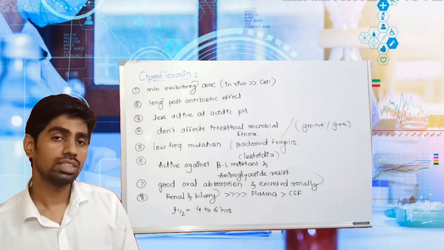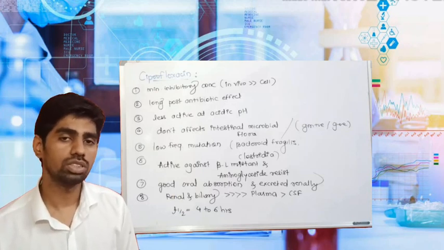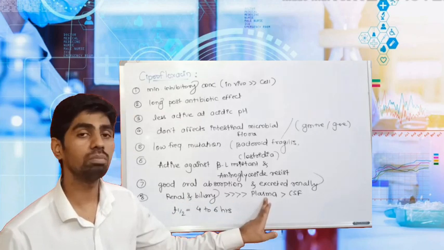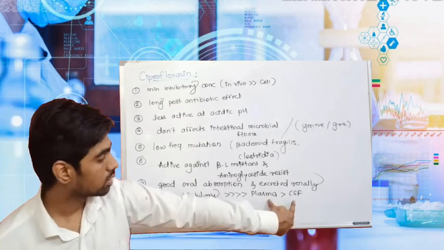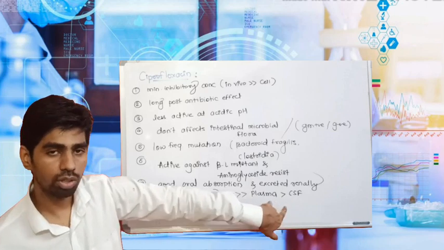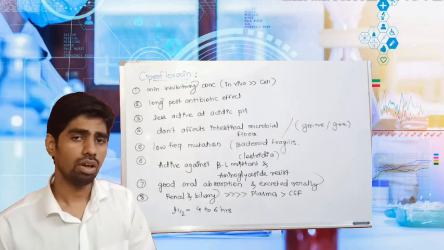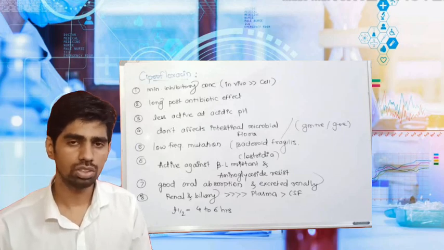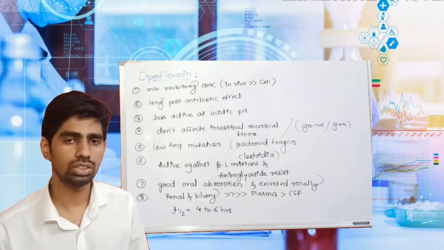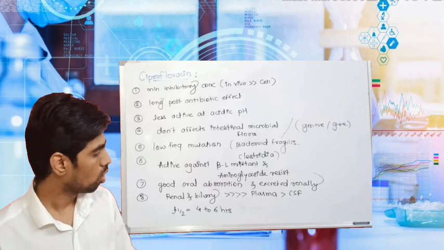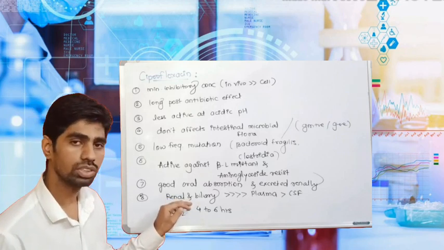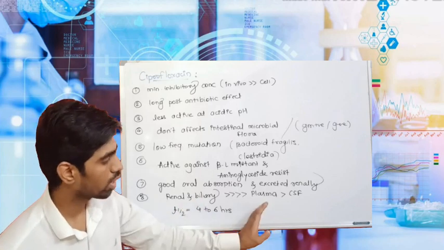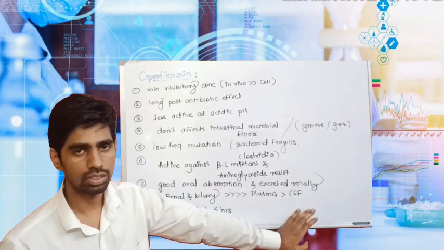Then its biliary and renal concentration is 10 to 50 times higher as compared to the plasma, and the CSF concentration is relatively lower than plasma. Now we know that the antibiotic should attain some concentration at the site of infection. So here the higher concentration is in the renal fluid or biliary concentration, followed by plasma, and at the end CSF.